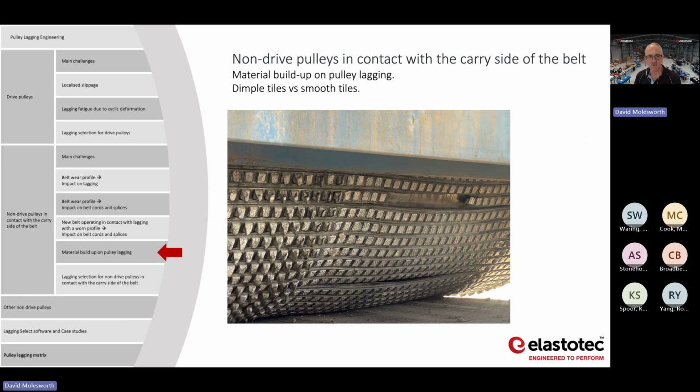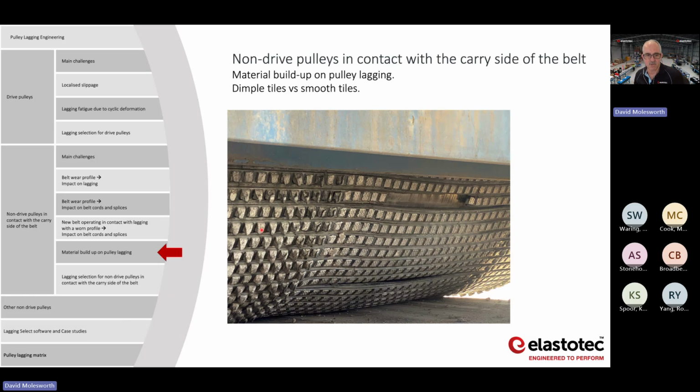And this is an interesting one. Some people put dimpled ceramic lagging on non-drives. We prefer to have plain ceramic. This is actually a copper mine in Peru, and they get this quite strange phenomenon. If you see where the cursor is, these are actually little pyramids.